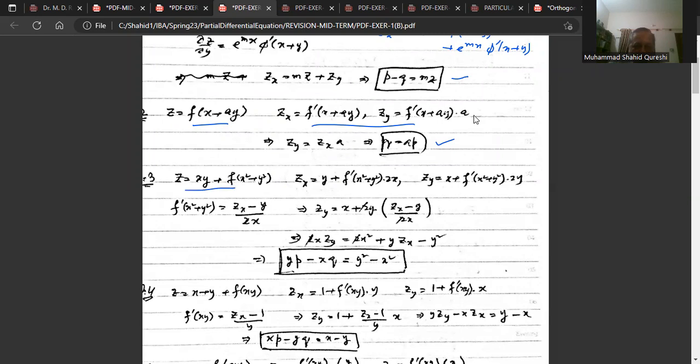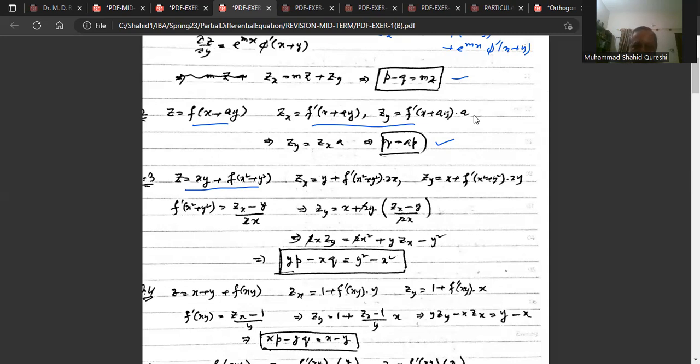Sometimes we have more complicated functions involved, functions of functions. So the trick is the same. Take the derivative with respect to x, derivative with respect to y. एक से f prime की वैल्यू ली जाती है, and after simplifying, zx की वैल्यू निकाली जाती है, zy की वैल्यू निकाली, and then substitute in general.